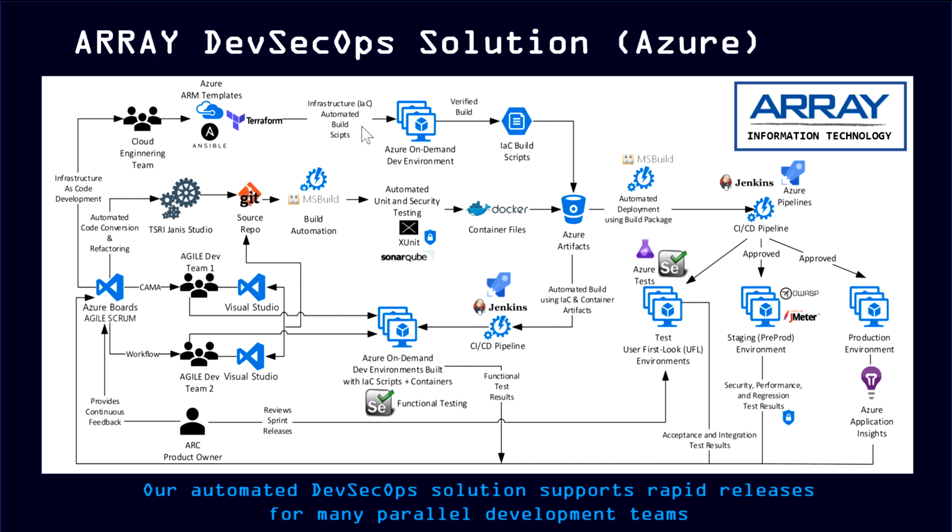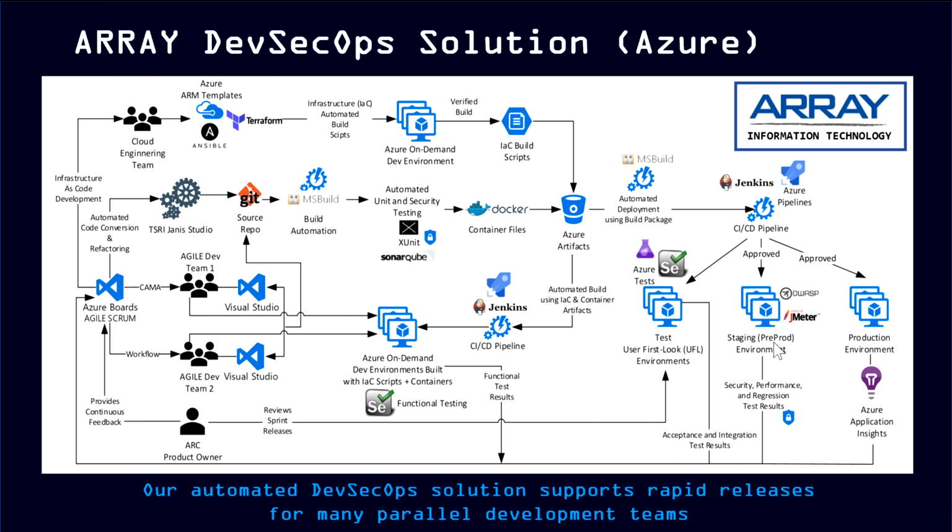They're going to get started in parallel with the TSRI team who's doing the code conversion. As you can see, our pipelines are going to ultimately take and combine the Docker files with our infrastructure as code into an Azure Artifacts repository, which can ultimately be deployed through our MS build scripts and Jenkins pipelines to any of the environments we've designated or targeted those builds for.